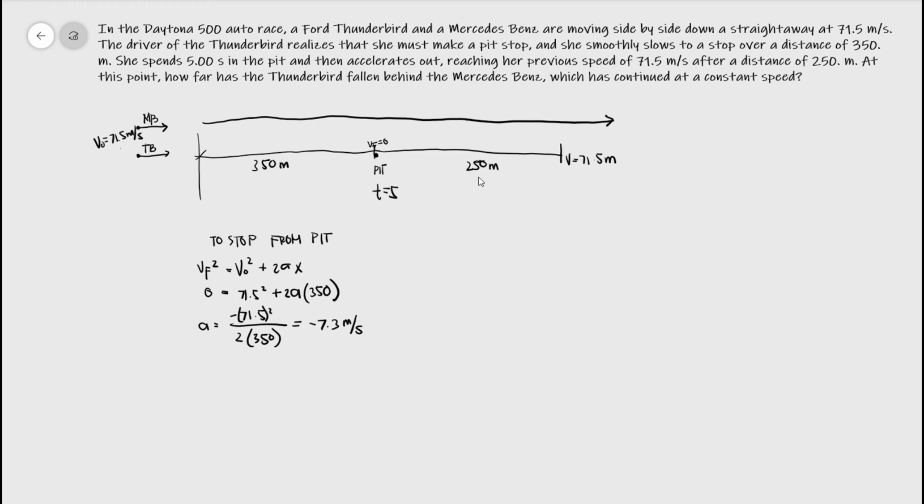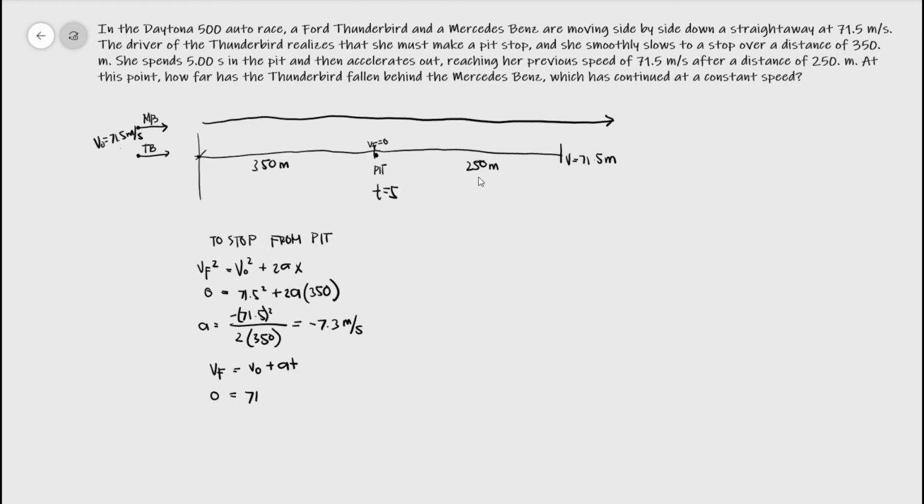After getting its deceleration, we can get the time it took for the Thunderbird to reach the pit. Therefore, here is another kinematic equation, Vf is equal to Vo plus at, solving for the value of t. Again, the final velocity is equal to 0.